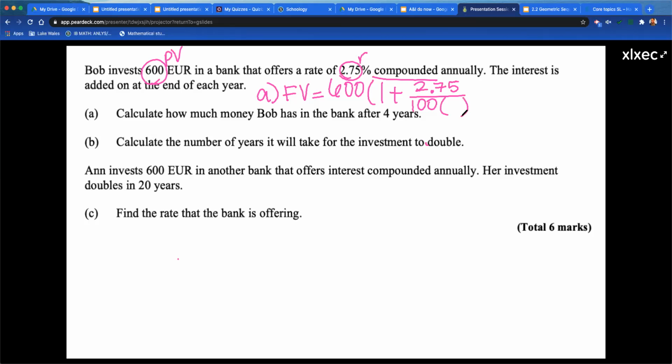What's our K? 1, because it says it's compounded annually, raised to the K times N. What's going to be N? 4. Okay, and then from there, we just type that into our calculator to get our answer. What did we get? 669.